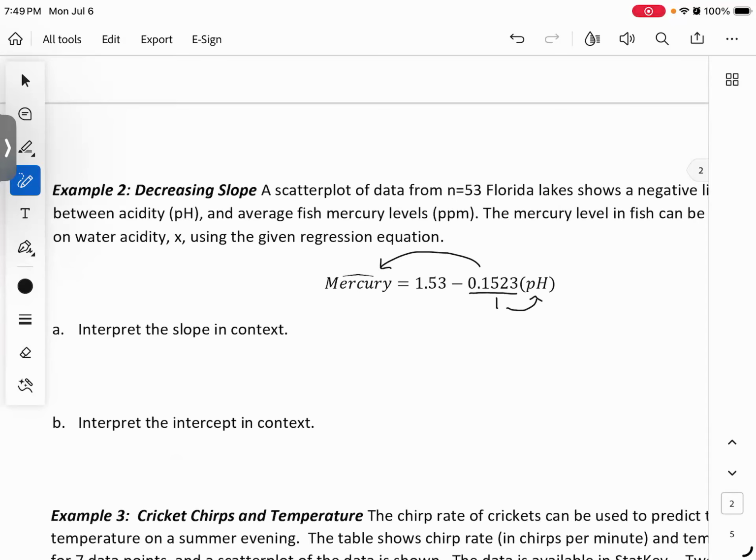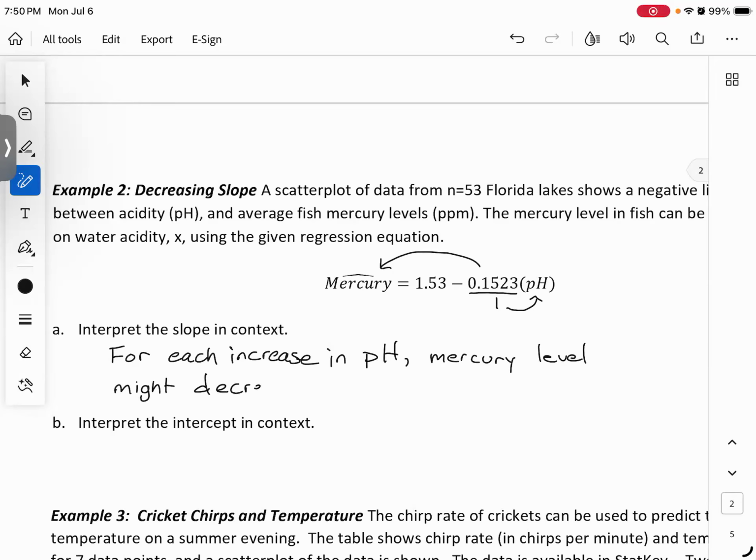So we'll put in words: for each increase in pH, mercury level might drop or decrease by 0.1523. They got parts per million.